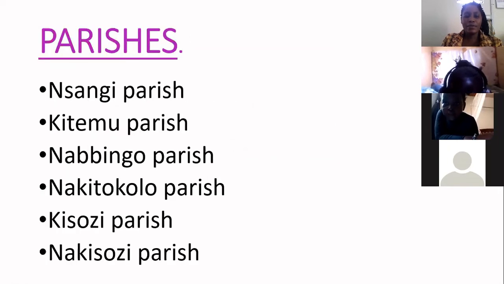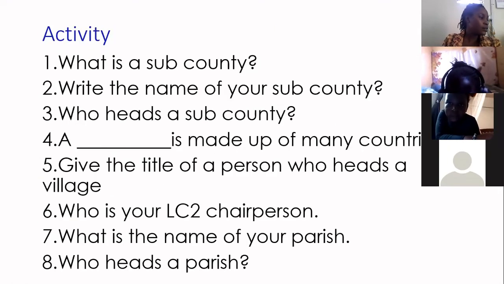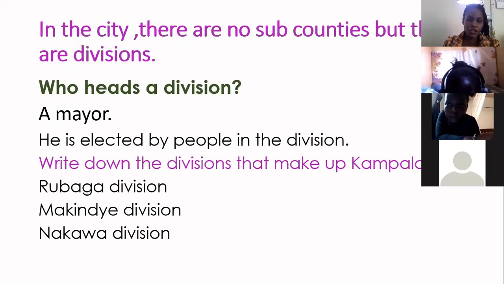Then the last one is Kawempe Division. We have seen the divisions are 5. We have Luvaga Division, Makindye Division, Nakawa Division, Central Division, and then Kawempe Division.